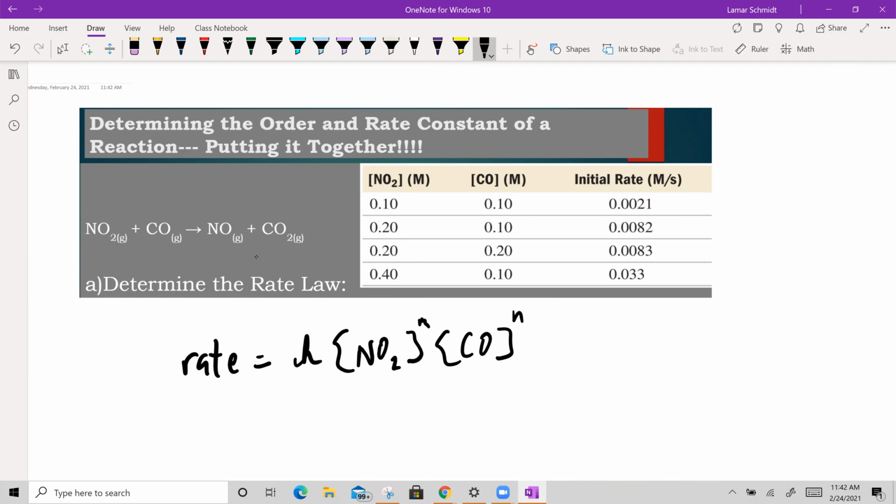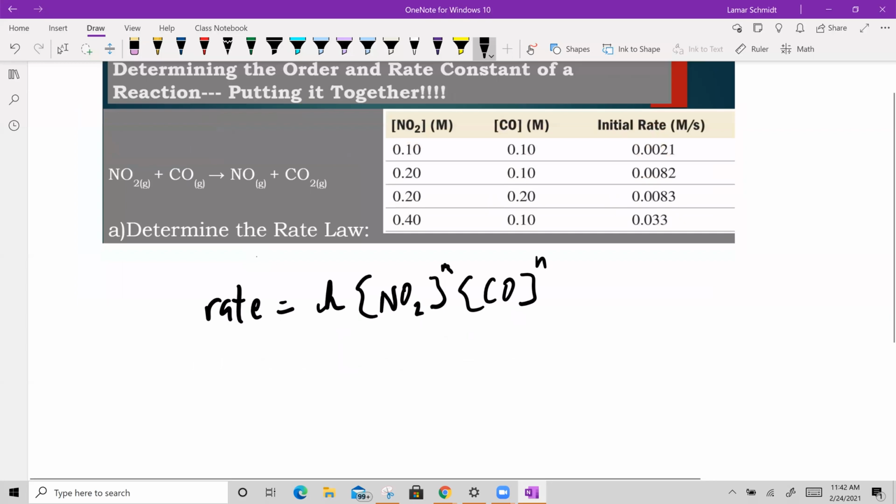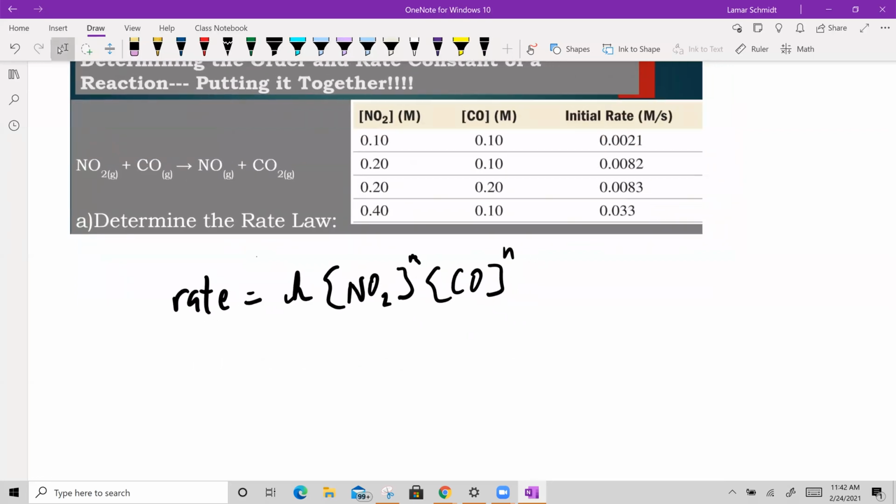We're going to fill in what M and N are after we use the method of initial rates. Does that make sense?